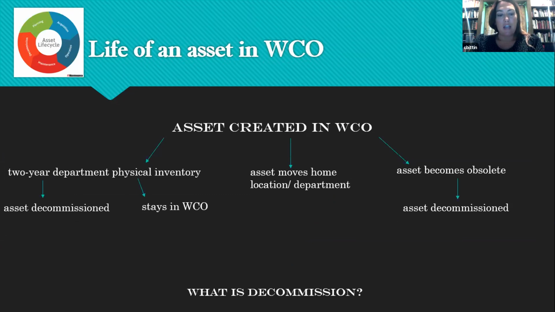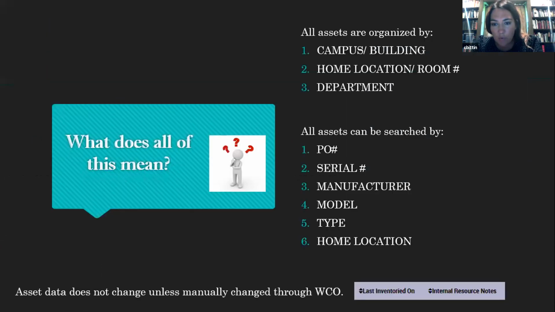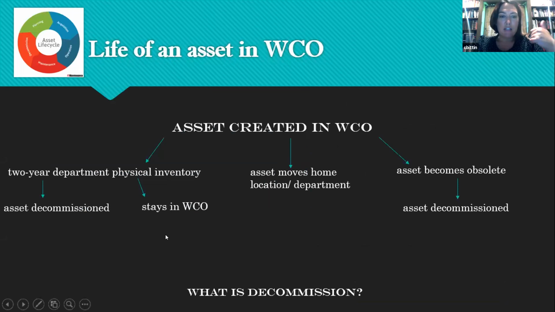I'll put a special note in there, in internal resource notes, which is a custom field that we put in with this new version of WebCheckout when we re-implemented. I will put in a note that says, yes, this is still living in WebCheckout per physical inventory of fiscal year 21. And then I'll update it. We'll be good to go until the next physical inventory.